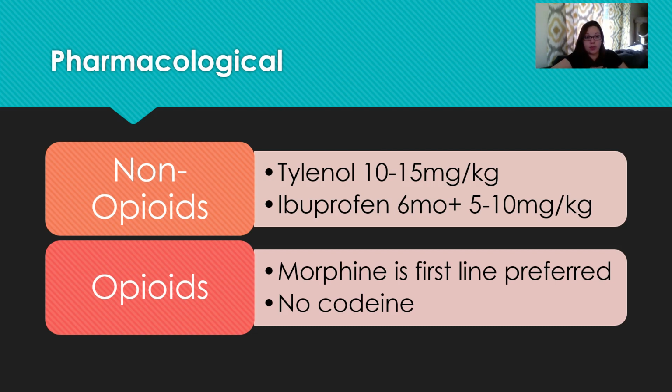And I didn't prescribe that. I was a student, so my preceptor prescribed it, and it was a short, like 2-day course of morphine. Obviously, we try not to give our kiddos opioids, and we definitely avoid codeine within that.